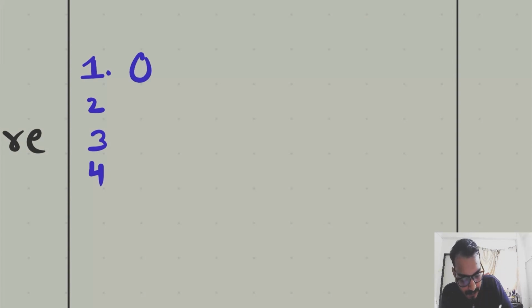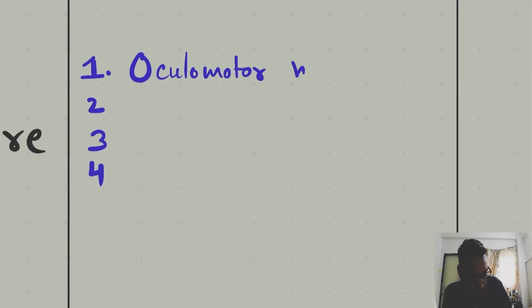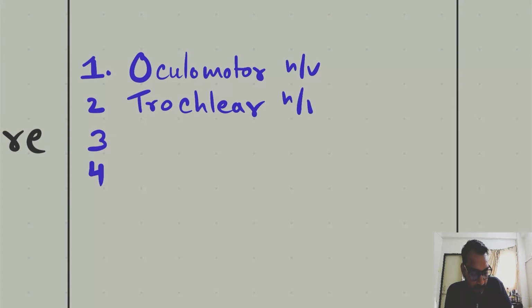First of all, we have the oculomotor nerve. Then we have the trochlear nerve.